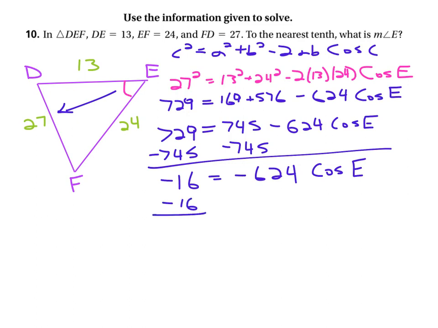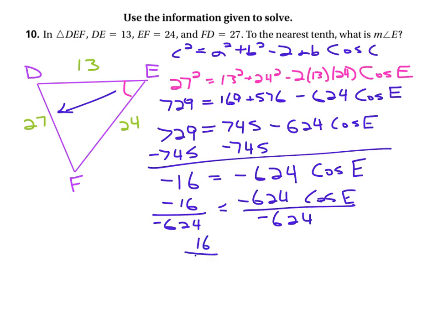Negative 16 over negative 624 equals all of that divided by negative 624, right? And if you dropped those negatives, you get 16 over 624 equals cosine E.